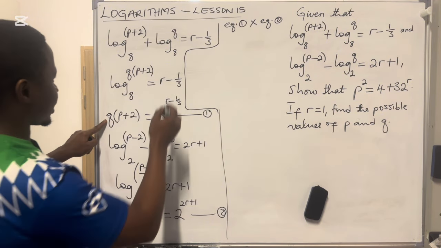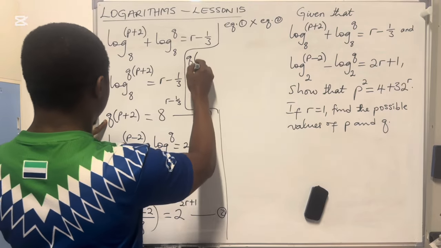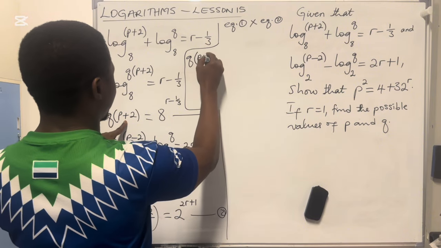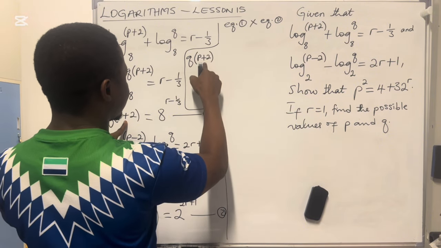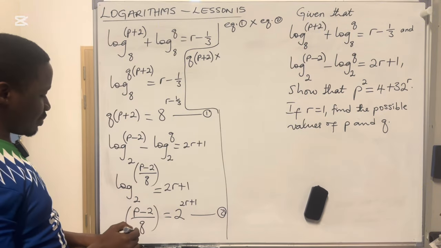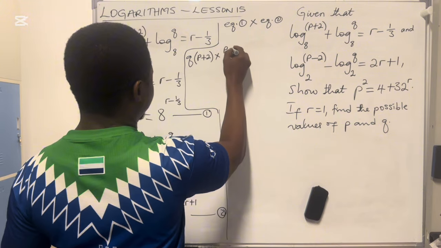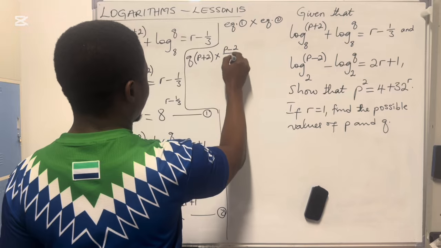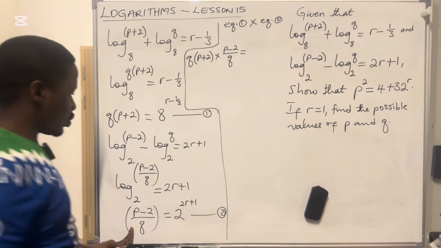The left here is q multiplied by p plus 2. So this one multiplies the left here, p minus 2 over q. So what else?